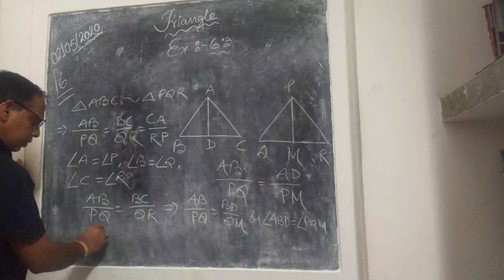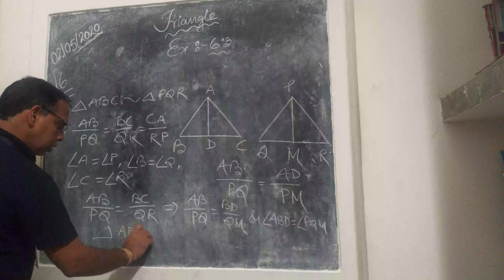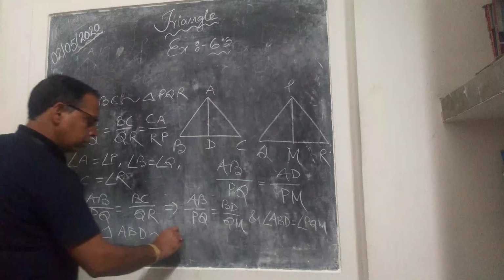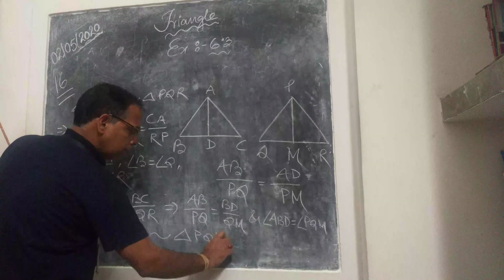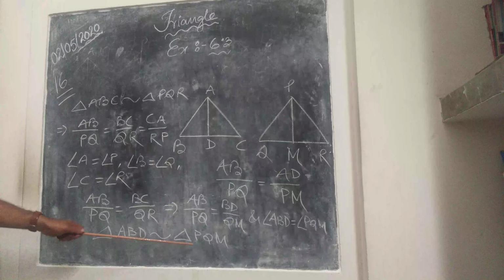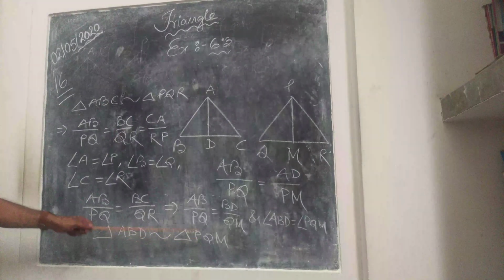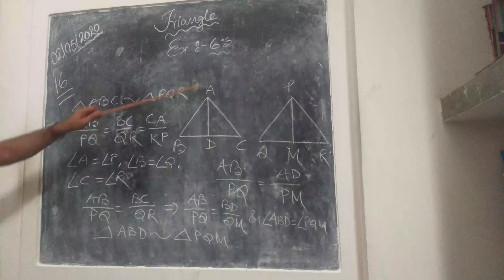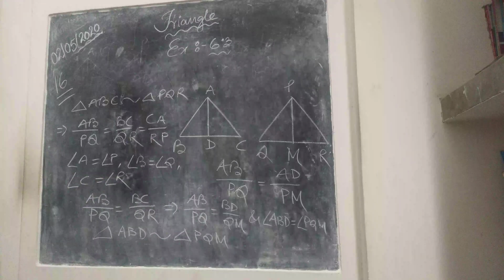Then triangle ABD similar to triangle PQM. And if triangle ABD is similar to triangle PQM, that means AB by PQ equal to AD by PM.